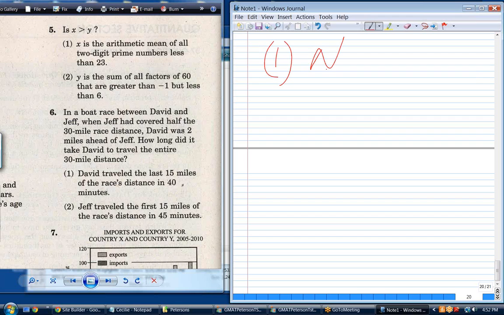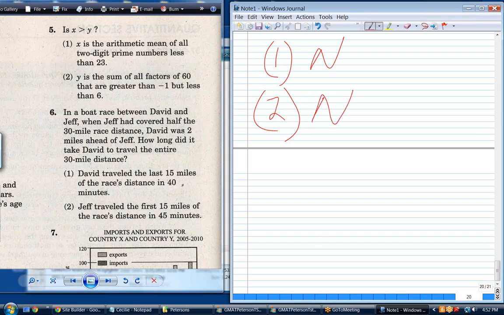For one thing, it's a no instantly, because it doesn't address Y. 2, Y is the sum of all factors of 60 that are greater than -1 but less than 6. Well, no, for the same reason. I think it has to be that. In other words, if it says nothing about the other variable, it can't possibly say whether X is greater than Y, right? All right.